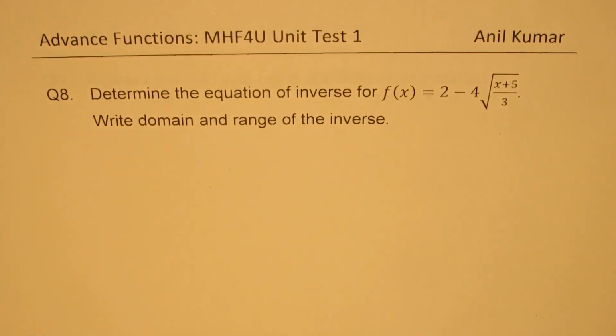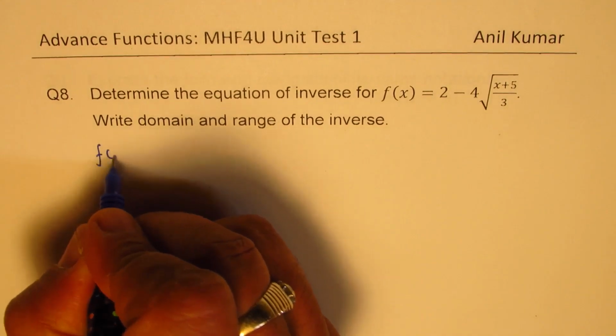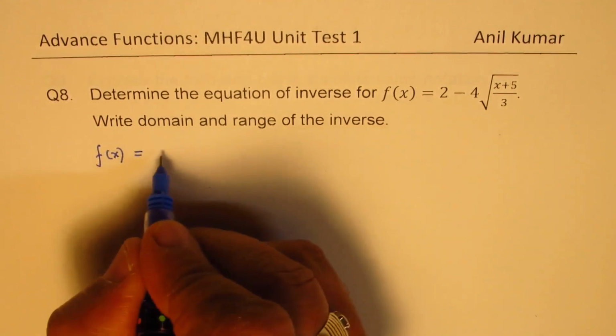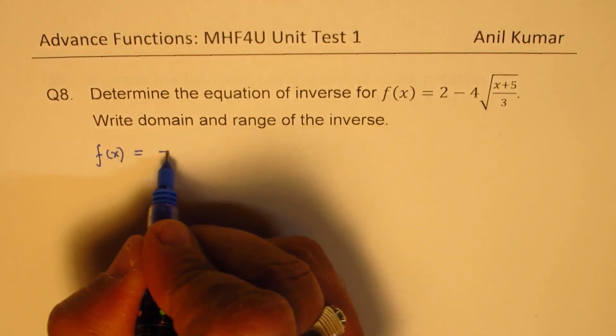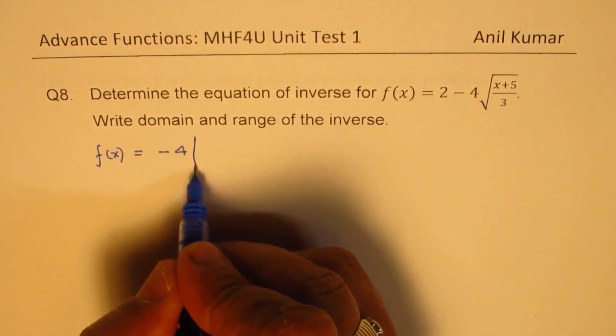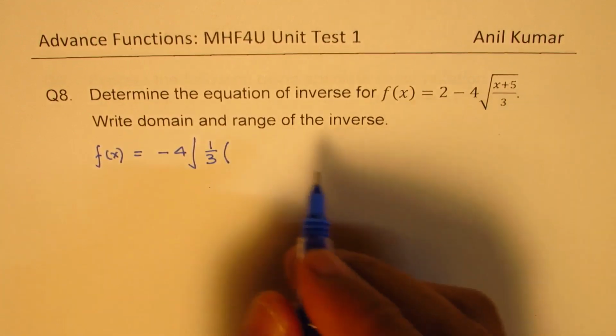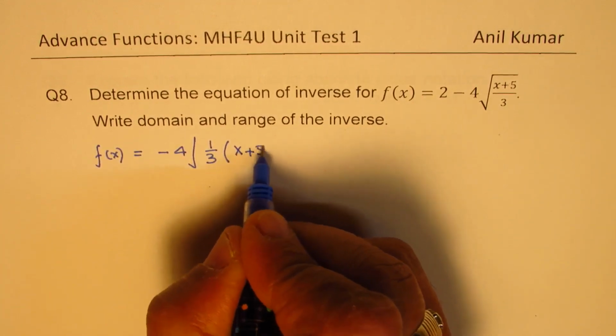Question number 8. Determine the inverse of this function. So we are given the function here, which is f of x equals, let me rewrite this, minus 4 square root of (1 over 3)(x plus 5).